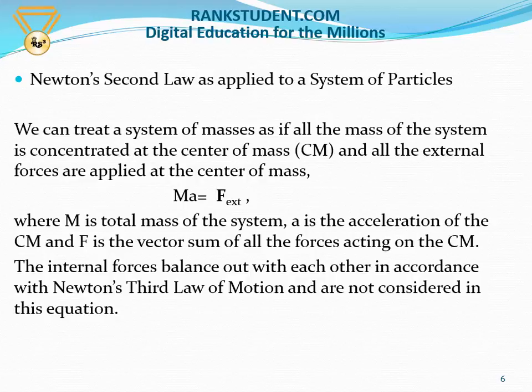We can treat a system of masses as if all the mass of the system is concentrated at the center of mass Cm, and all the external forces are applied at the center of mass, namely ma equals F external, where m is the total mass of the system, a is the acceleration of the center of mass, and F is a vector sum of all the forces acting on the center of mass.